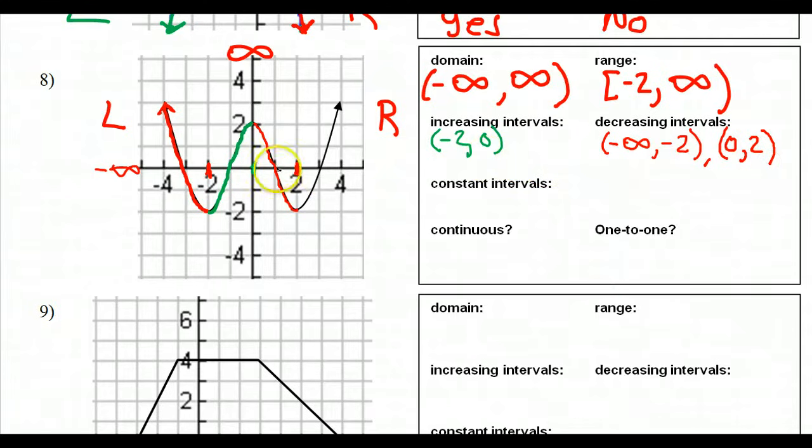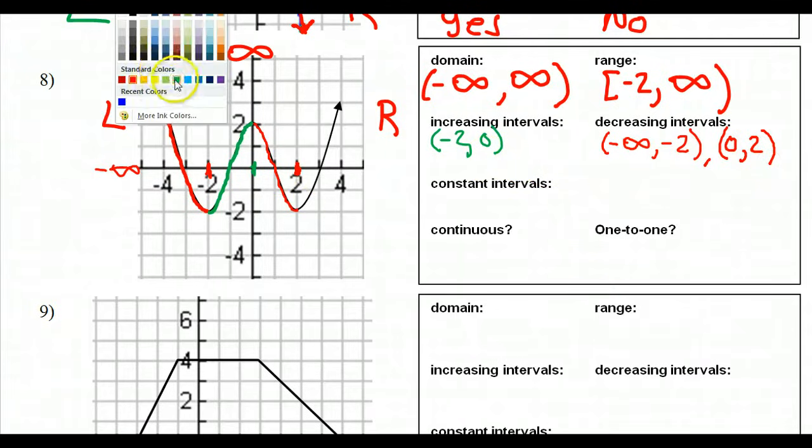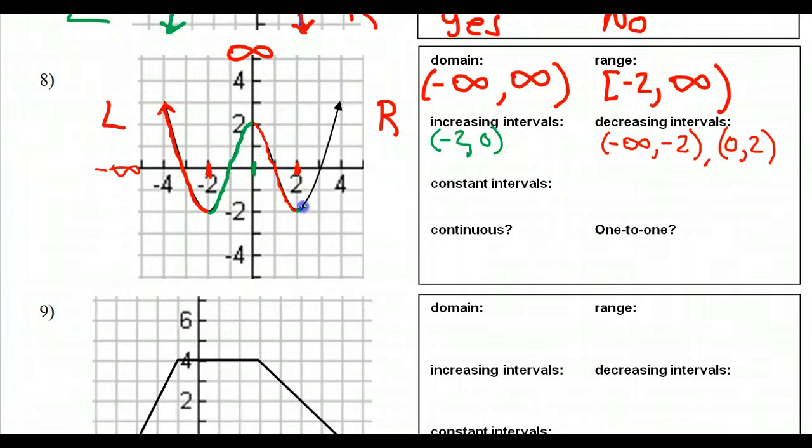But then, once again, starting from here, it starts to go up. So from here to here, it is rising. And it continues to rise forever. So my increasing interval will pick up at 2 and go to infinity. Okay, so increasing from 2 to infinity.